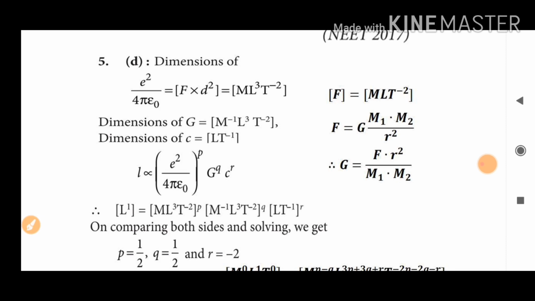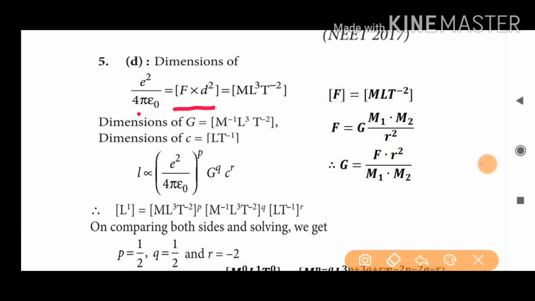Here Q1 Q2 is replaced by e square, so e square by 4 pi epsilon naught is equal to F into d square, where d is the distance between these two charges.